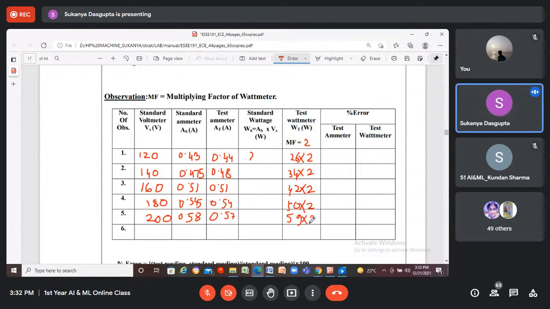Now calculate this standard wattage, that is just the product of VS and IS, and then calculate the percentage error.